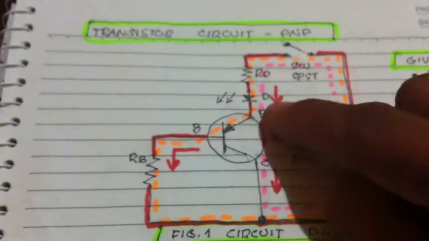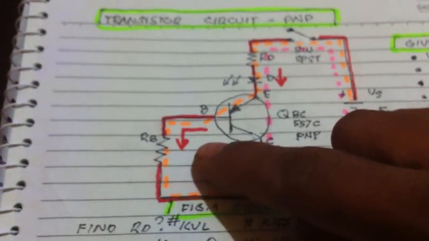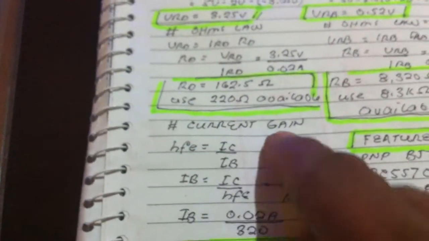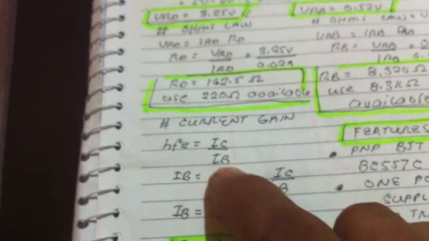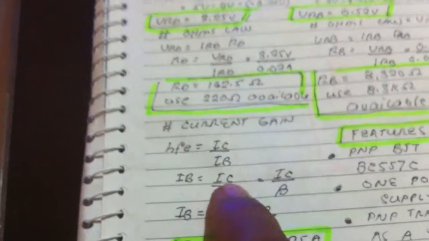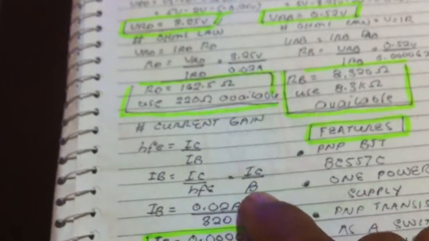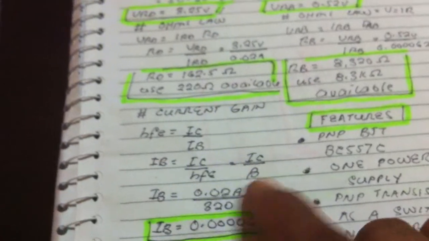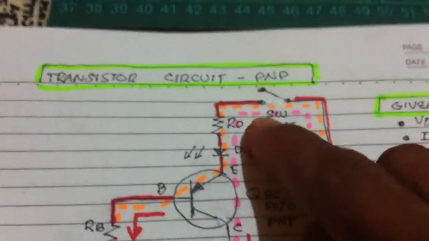Let us find the current across the base, or IB, base current. This one, by using a current gain formula of the transistor. HFE is equal to IC over IB. Crisscrossing transposition, IB is equal to IC over HFE, which is also equal to IC over beta. HFE is also equal to beta, same formula. IB now is equal to collector current, which is here.